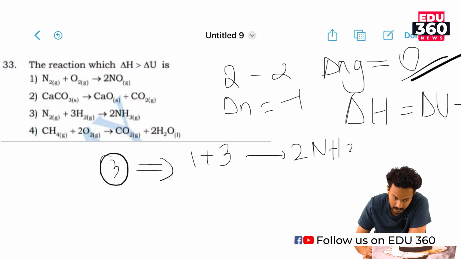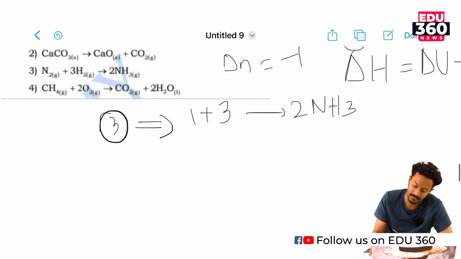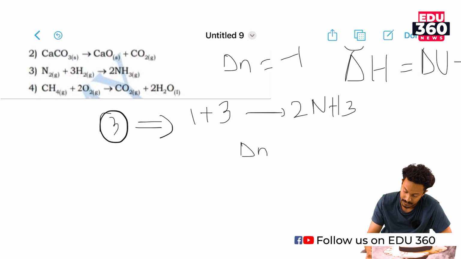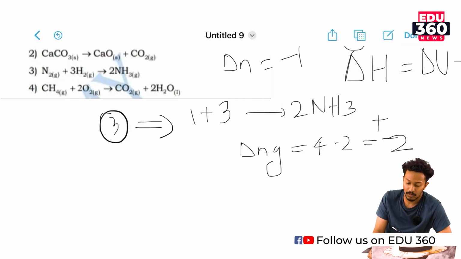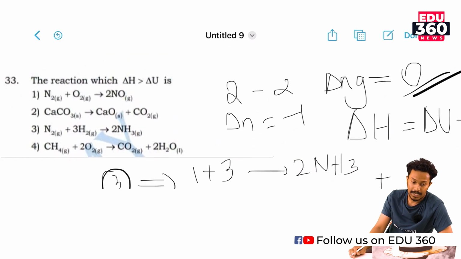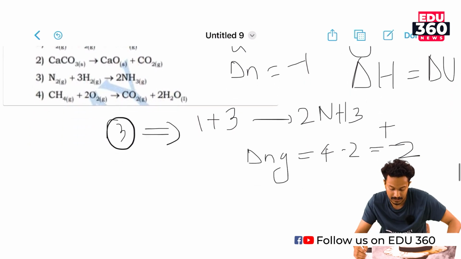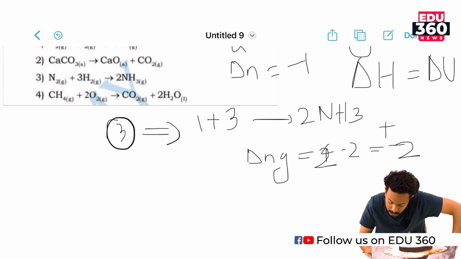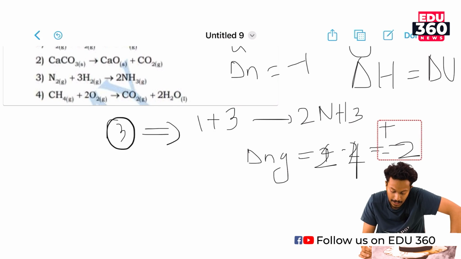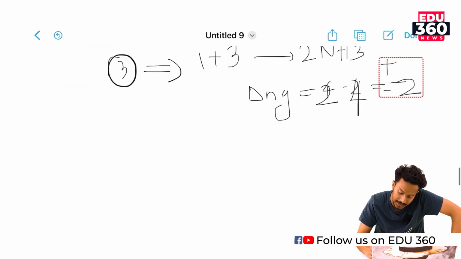Okay, and therefore delta Ng will be 4 minus 2, which is 2. This is a positive value, and therefore delta H would be greater than delta U. Okay. There's a slight change in this one actually. 2 minus 4, which is a negative value, and delta Ng would be a negative value.